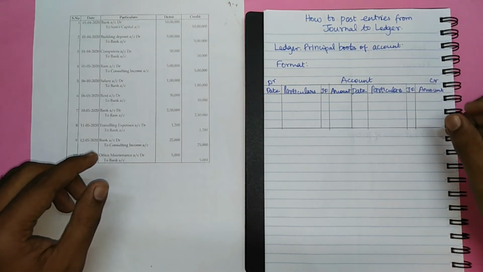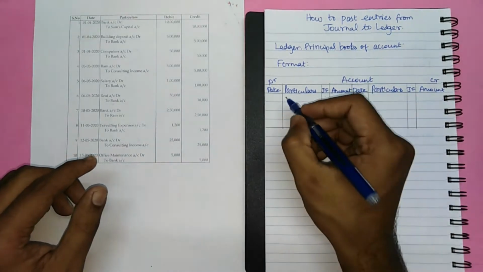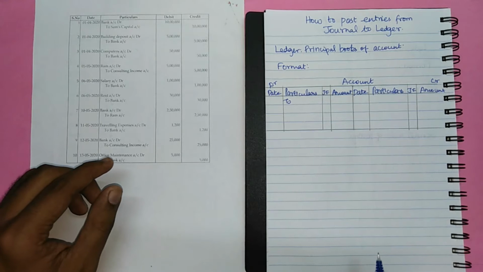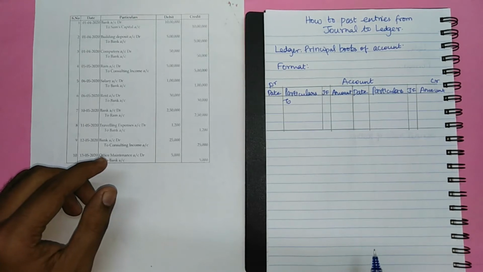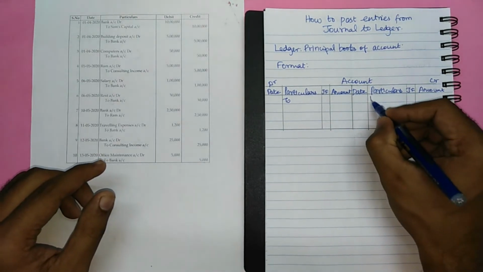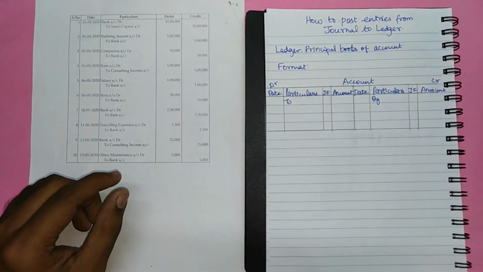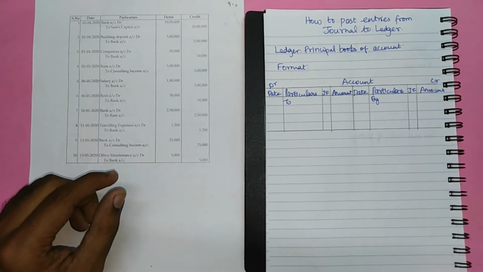The second rule is the word to is to be used in the particulars column with the account written on the debit side, while the word by is used with the account written in the particulars column of the credit side. The third rule is the account debited in the journal should also be debited in the ledger, but a reference should be of the respective credit account.